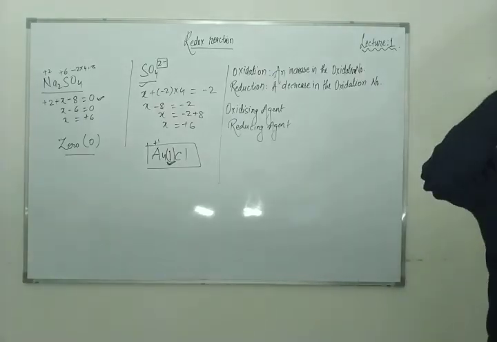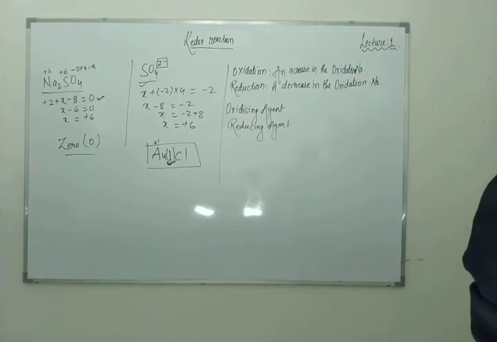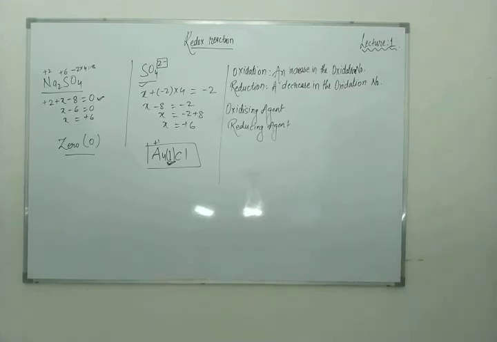Now tell me about the oxidizing agent and reducing agent. A reagent which can increase the oxidation number of an element in a given substance, this reagent is called a reductant or reducing agent.